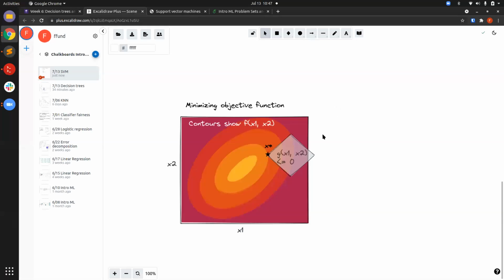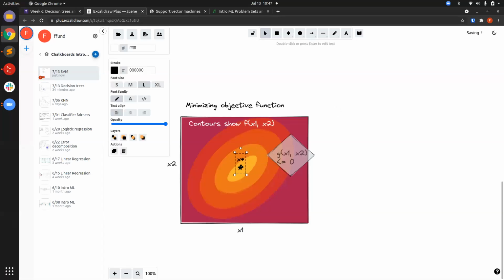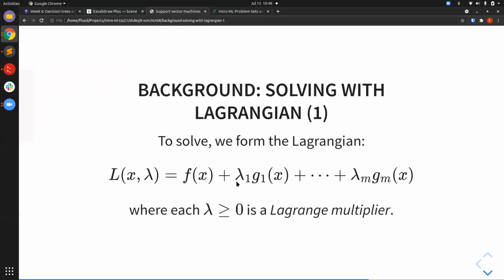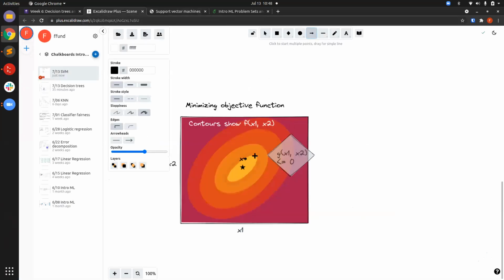Now, if you look back here, remember we had this optimal solution to the objective we were minimizing. And now we have this alternative expression as a Lagrangian. These terms, the Lagrange multiplier times the constraint, pull a solution towards the feasible set.